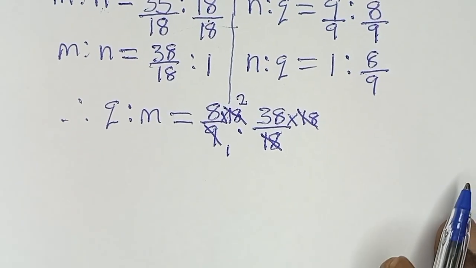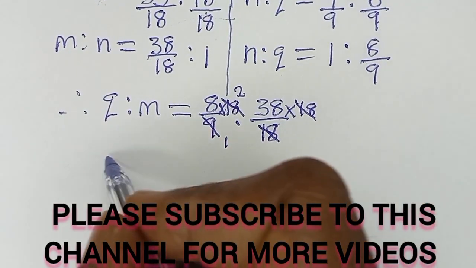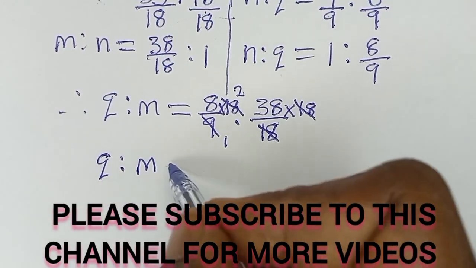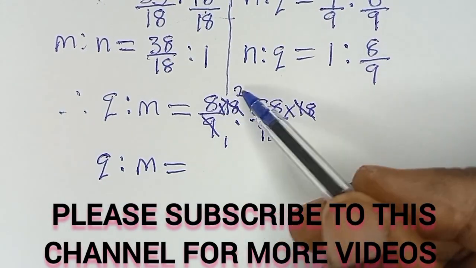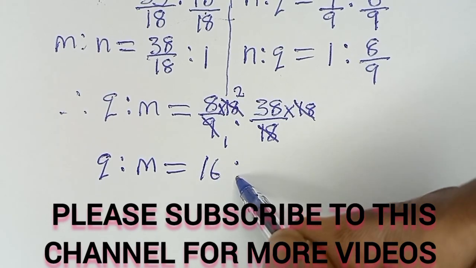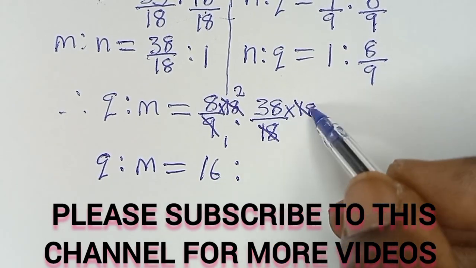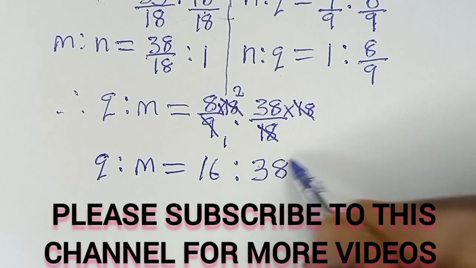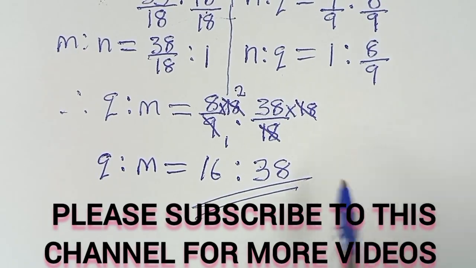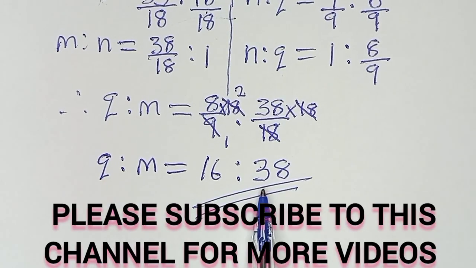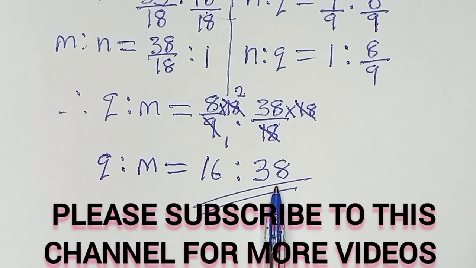So finally, I have the combined ratio q ratio m as 8 multiplied by 2, which is 16, ratio 35, because 18 has cancelled 18. So this is the final answer. The ratio of q to m is 16 ratio 35.